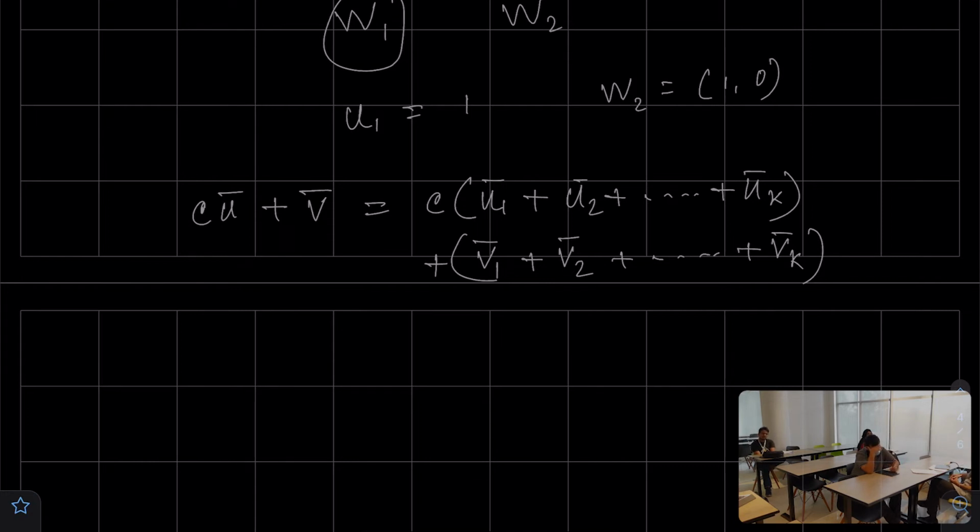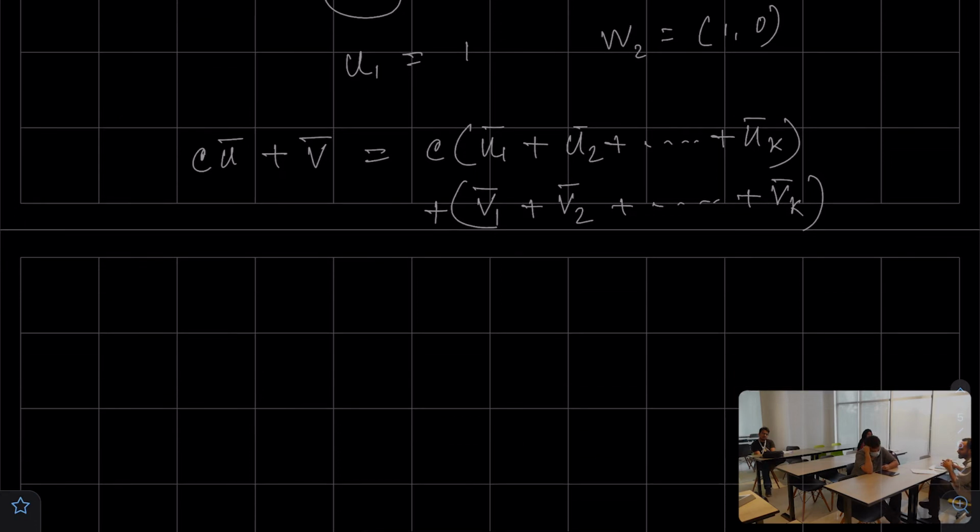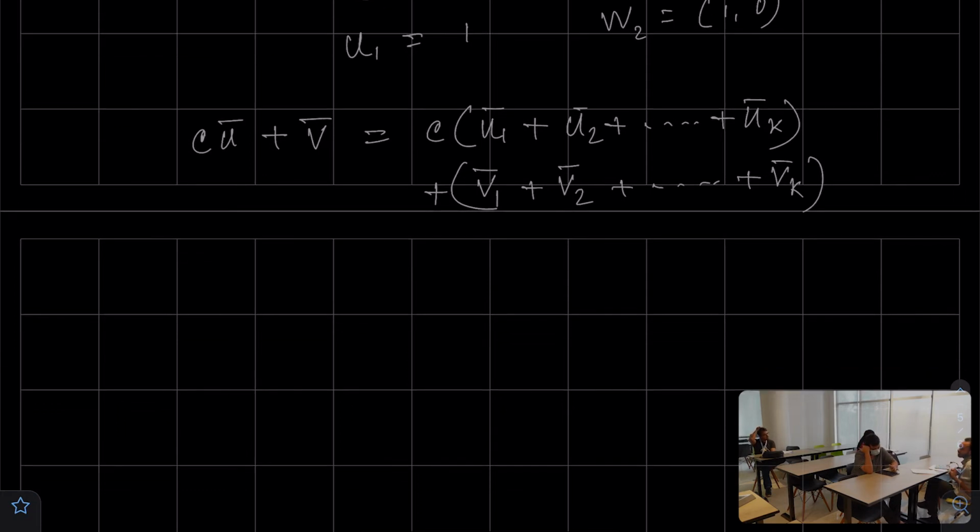And it's just a multiplication by C with all these U1, U2, Uk. It's the same multiplication as in the original vector space. So everything comes from the original vector space because these are subspaces of the original vector space V. So that means this equals the summation of i equals 1 to k of C times Ui plus Vi.